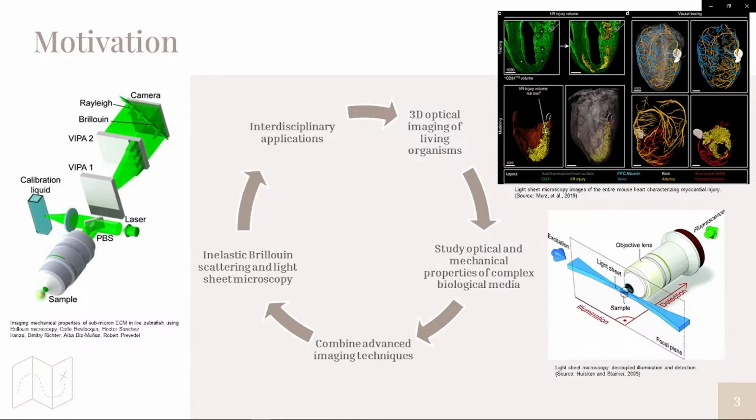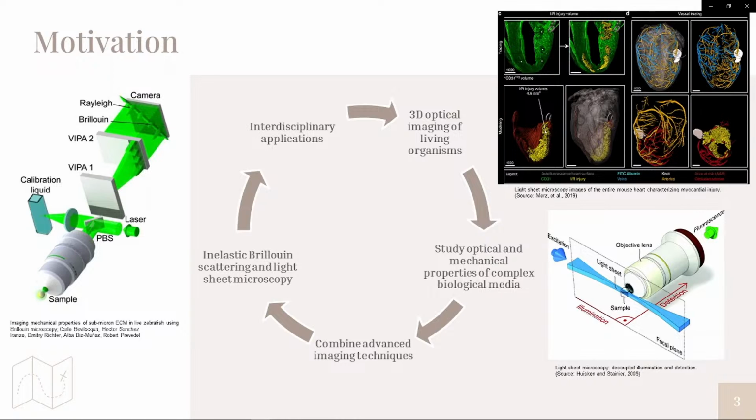So what we are trying to do is to develop a technique by combining advanced imaging techniques like light sheet microscopy and Brillouin microscopy for 3D non-invasive imaging for heterogeneous samples. Non-invasive is a really important word here, and it's live imaging. So that's what we're trying to do.